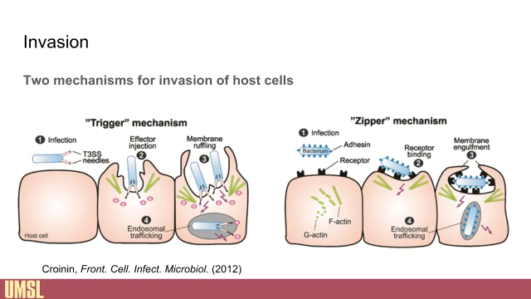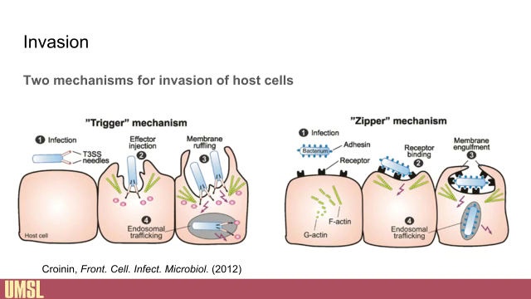What these two mechanisms fundamentally are doing, they're essentially performing the same function: you, as a bacterial cell, want to interact with an enterocyte, and you want that cell to take you up in a vacuole. What happens in this trigger mechanism, as we're going to see, is a process by which a bacterial pathogen uses what are known as effector proteins.